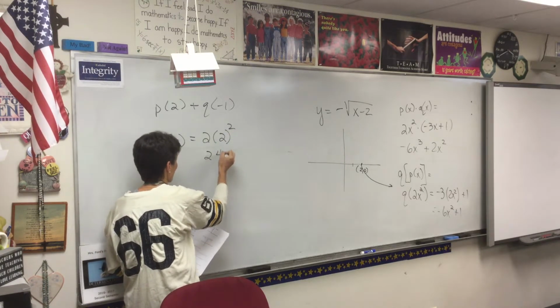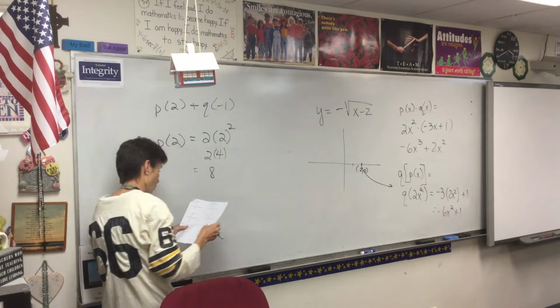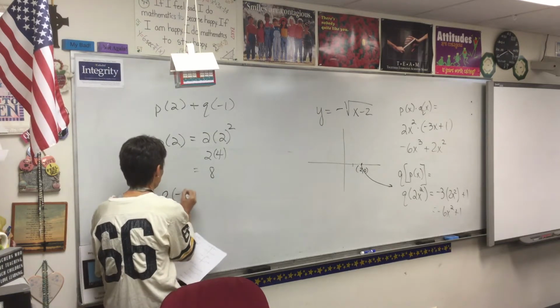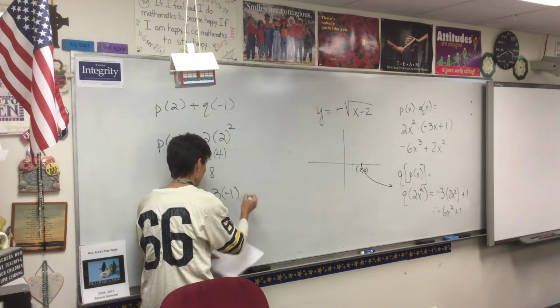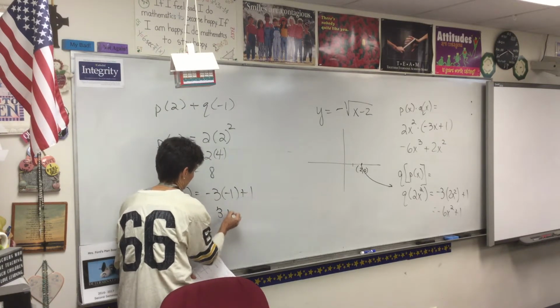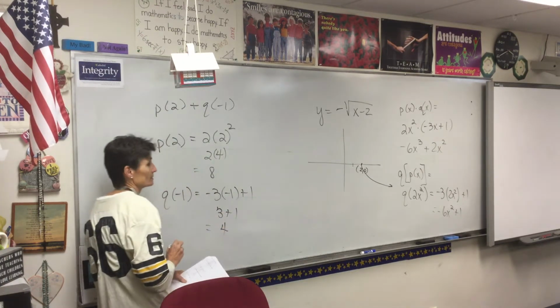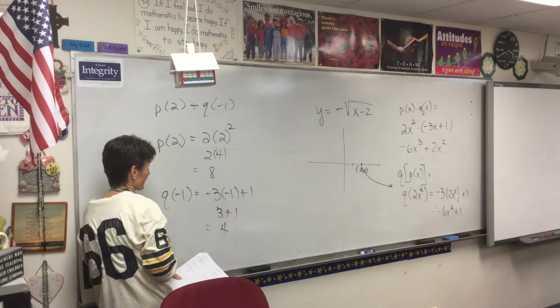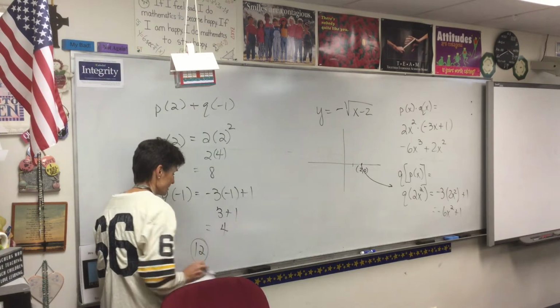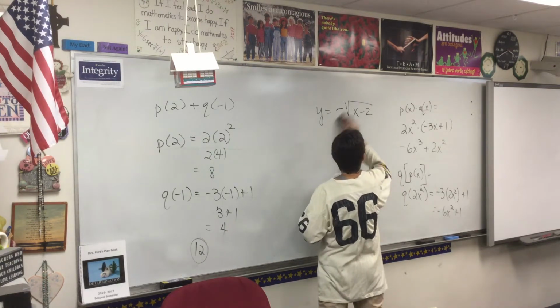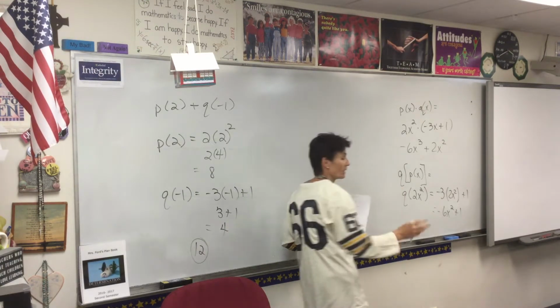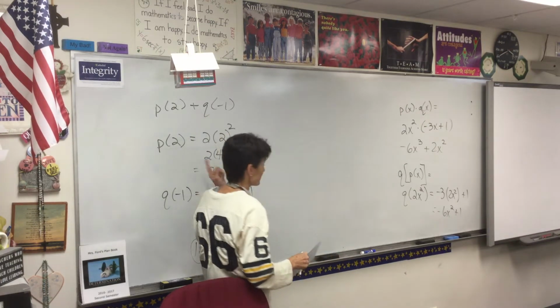So that's 2 times 4, that's 8. What is Q of negative 1? 4. Negative 3 times negative 1 plus 1, 4. What am I doing with them? Adding them, so 12. The answer is 12. Everybody good with that? We could have subtracted them or multiplied them or whatever. We're adding them in this case, so we just added them.